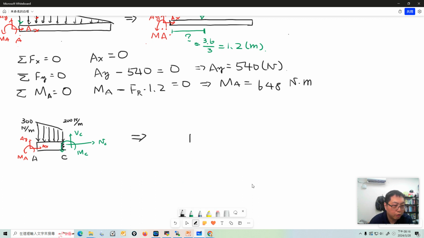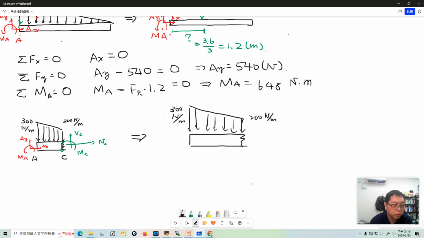We just write down all the information we have. Here's 300, 200 Newton meter.